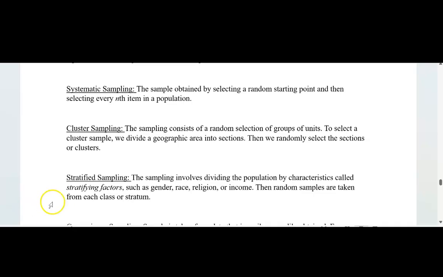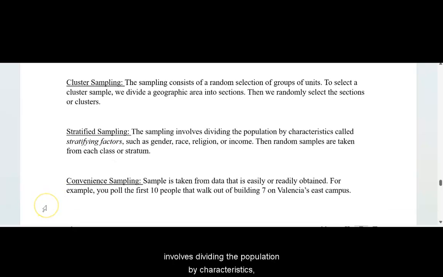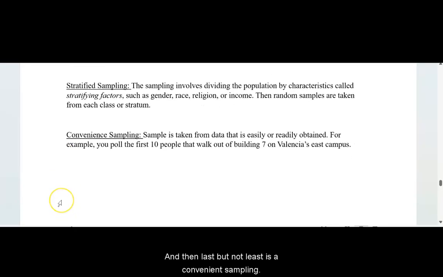Stratified sampling. Now, this is where the sampling involves dividing the population by characteristics, but not geographic characteristics, called stratifying factors, such as gender, race, religion, income, anything like that. And then you take random samples from that group. And we call those class or stratum. And then last but not least is convenient sampling.